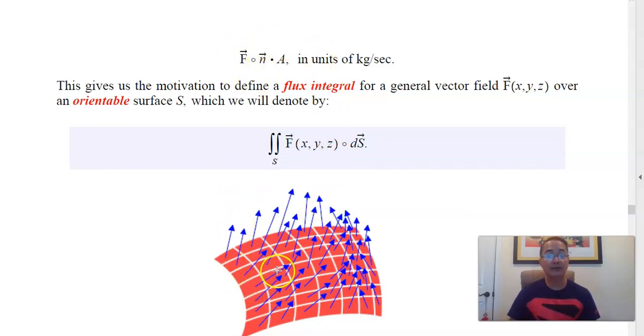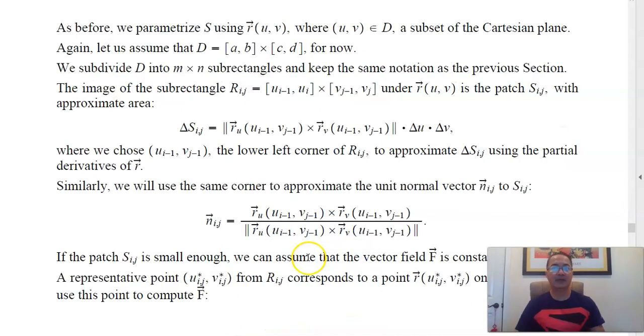We're going to take the vector field, which we will assume is constant on that patch, and then we'll take the normal vector to that patch. How are we going to get it? Cross product, multiplied by the area of that patch. Oh wait, we've done that before. That's the length of that cross product. So something nice is going to happen.